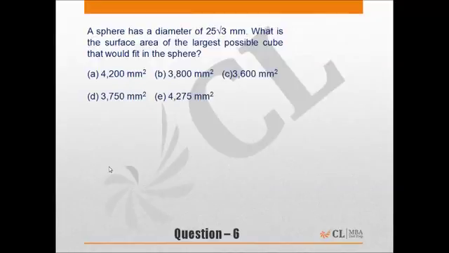A sphere has a diameter of 25 root 3. What is the surface area of the largest possible cube that would fit in the sphere? Let's consider that sphere, how this cube will fit into that sphere.